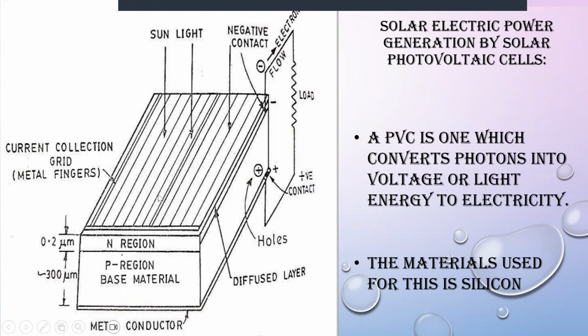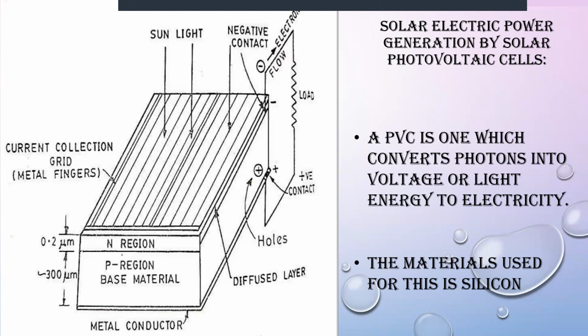The material used for this is silicon. Silicon has four valence electrons in its outer shell. When the silicon is doped with phosphorus or arsenic, which have 5 valence electrons, it forms the N region, and one negatively charged electron is left over.